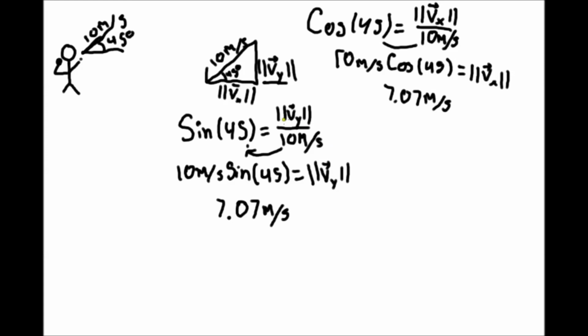Okay. And we're trying to find where the ball will land on the x-axis, right? We need to find a position, or a distance from the thrower. Okay? So how do we do that? We are going to find the change in time. How do we do that?